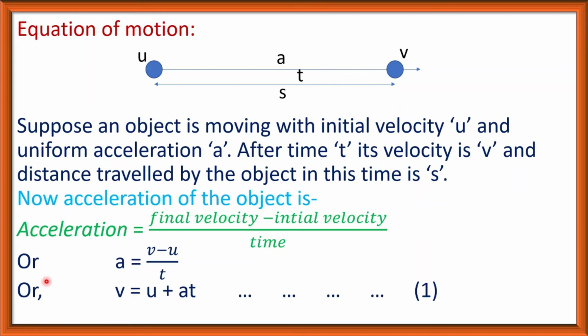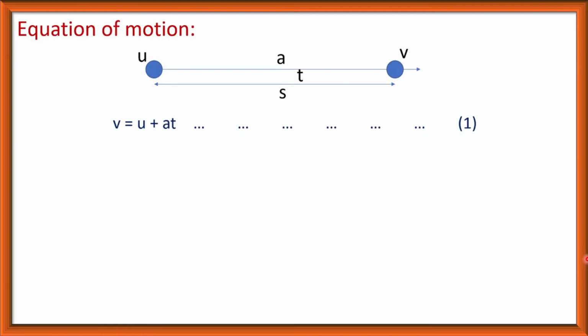And after simplification, this is v is equal to u plus at. This is the first equation of motion. Our first equation, v is equal to u plus at.